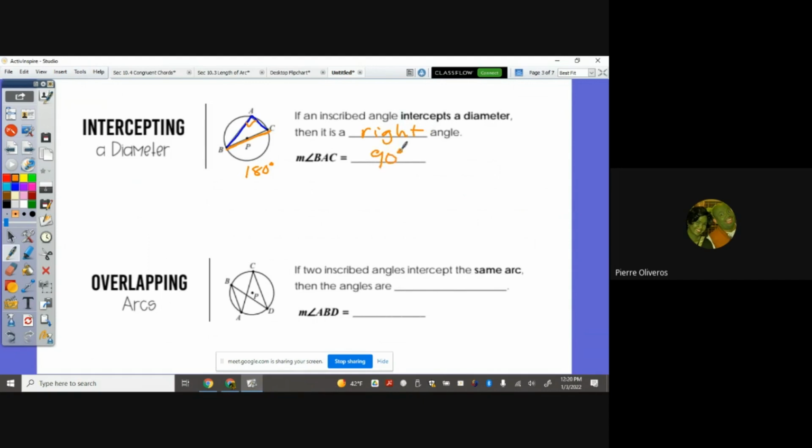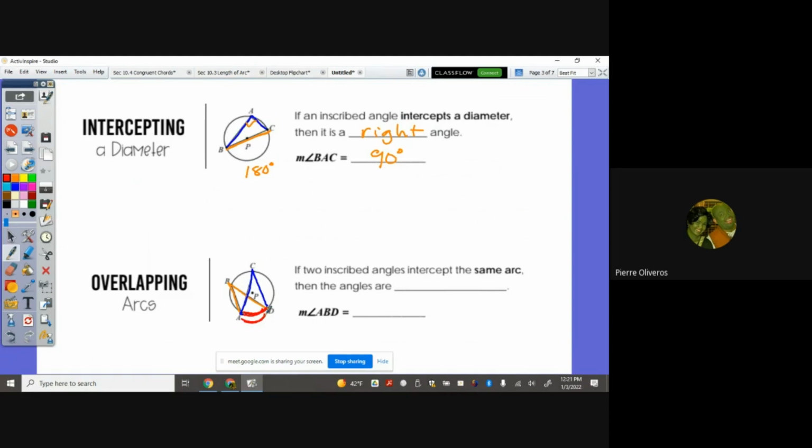While overlapping arcs means, say, if you pay attention to the figure here, ABD, the intercepted arc is the red one here, the arc AD. And if I have another angle here, which is ACD, which shares the same intercepted arc, therefore they are going to be congruent.